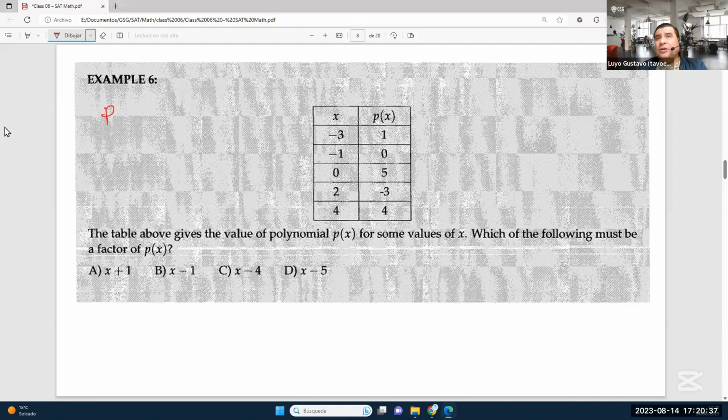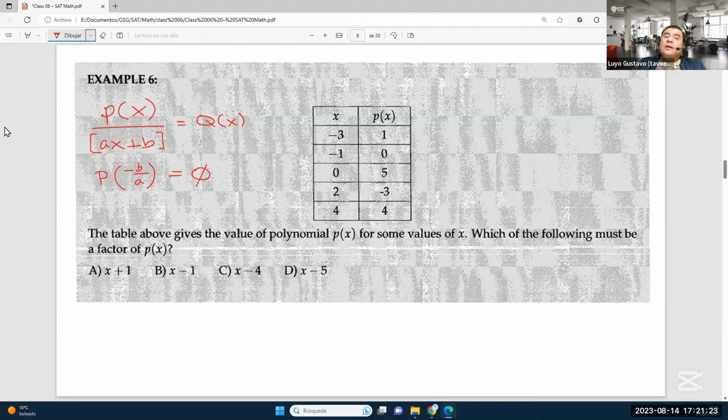If this polynomial p of x is divisible by some factor of the form ax plus b, then if there is an exact quotient for this division, then if I evaluate p in the value that makes this divisor 0, in other words, minus b over a, then this output value for this polynomial should be 0, because there is no remainder when a polynomial is divisible by a certain factor.